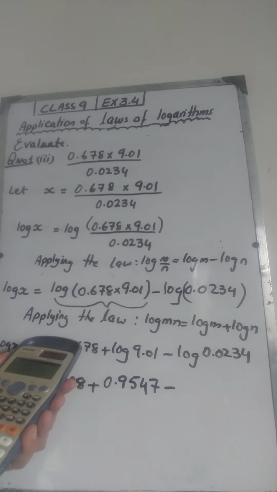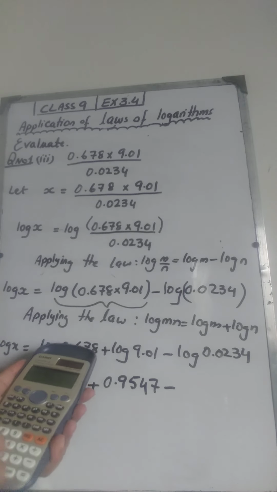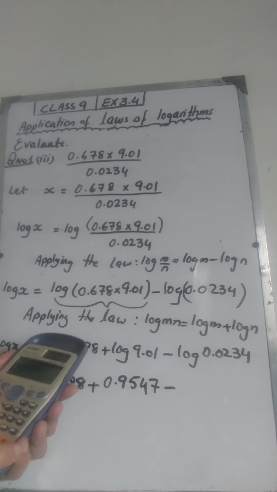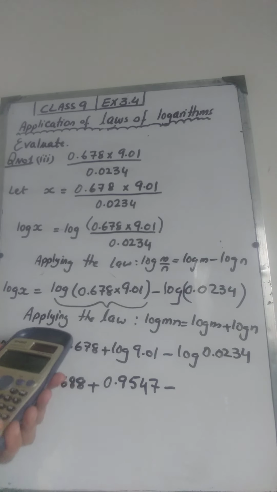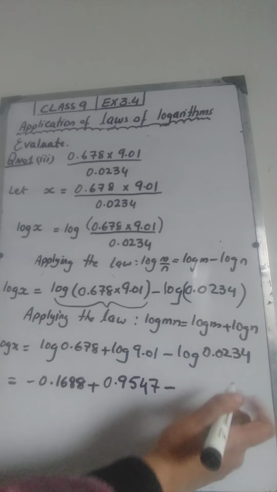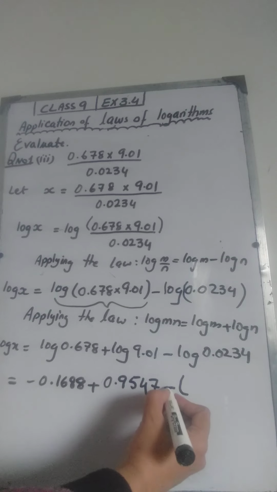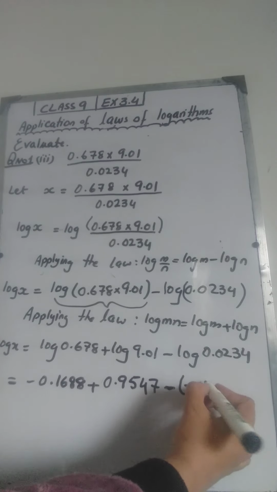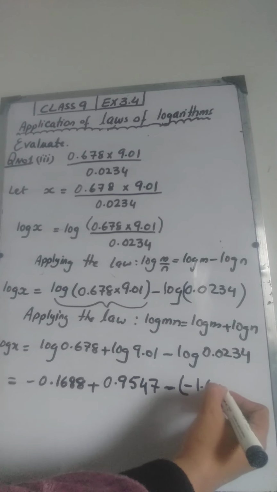log of 0.0234. The log of this number is negative, so I am going to write it in brackets because we have a negative sign in the above expression also. So they are going to be multiplied and we will get a positive sign.